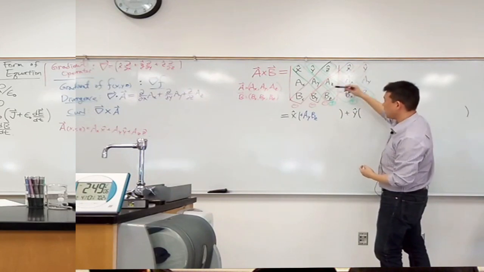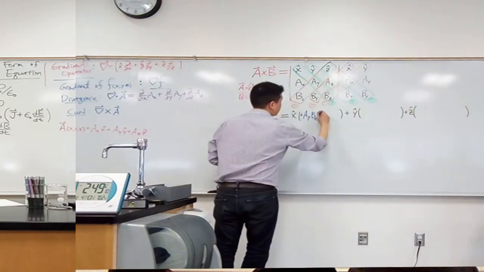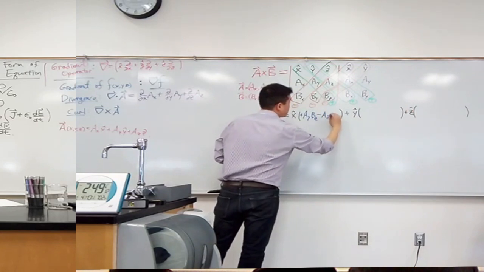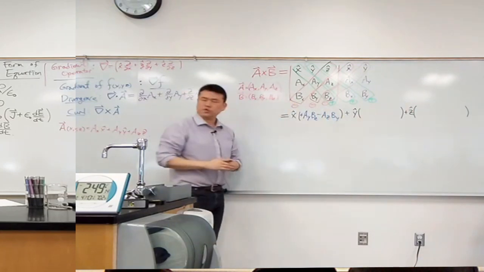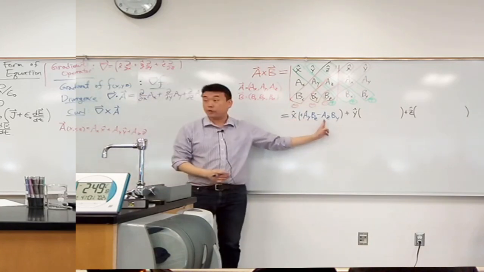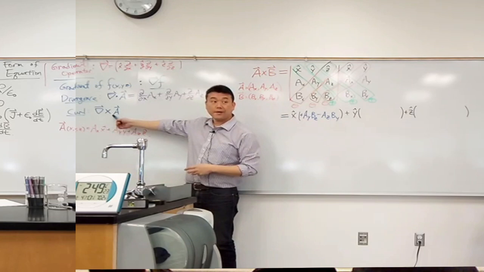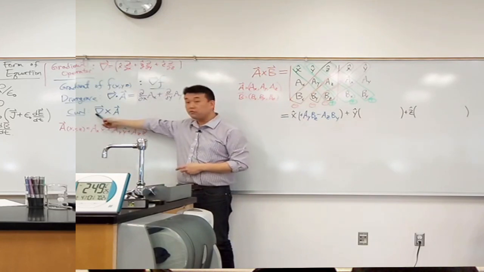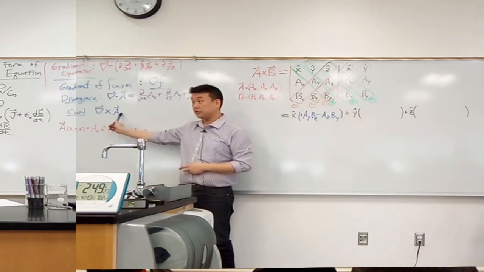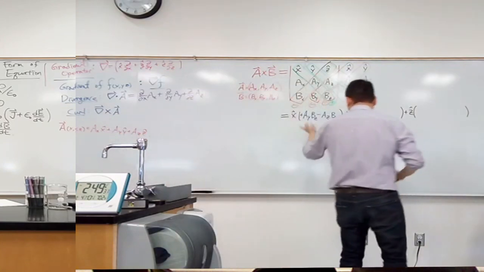Another term must have az and by with a minus sign in front: minus az by. And this is where I'm going to be super careful. I'm always going to write down a before b. It's because I'm looking forward to this, where I need to always write down the derivative before the thing I'm differentiating. I can never swap that order.